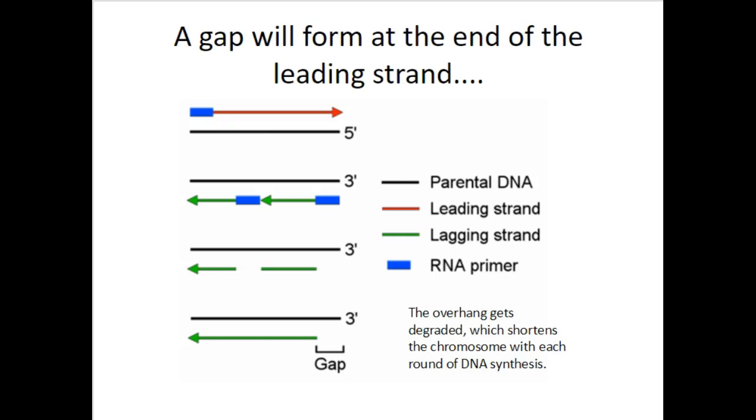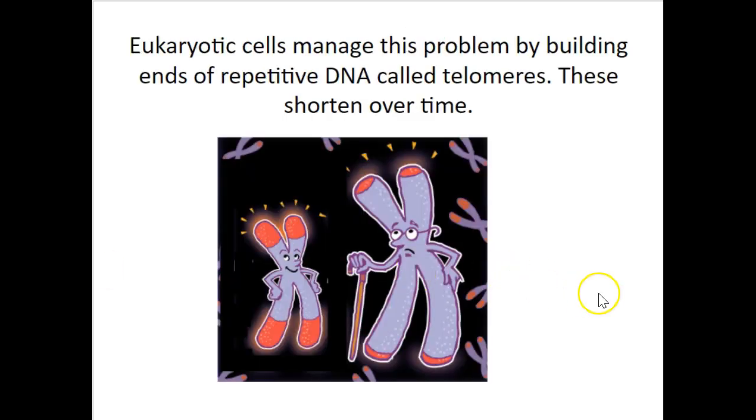So the DNA sequence on the ends will just get chipped away a little bit at a time with each round of DNA synthesis. Well, what does that mean? That means that essentially your chromosomes are much longer when you are young than they are when you are old, after you've gone through many rounds of cell division and DNA replication.